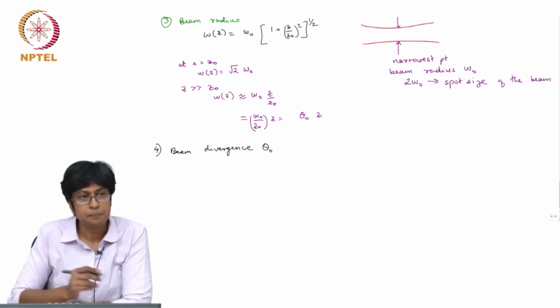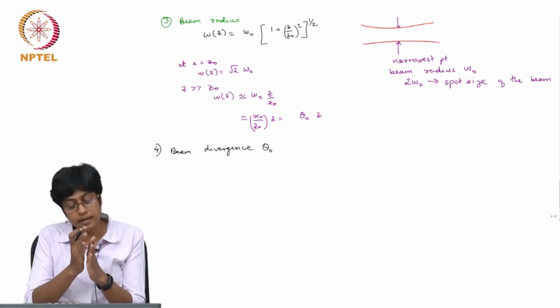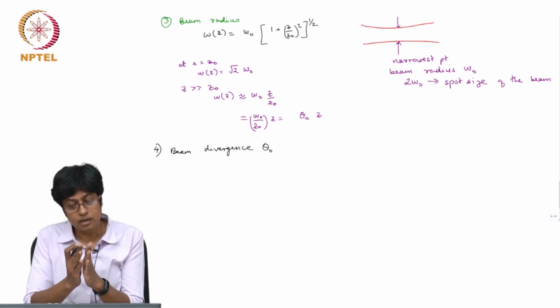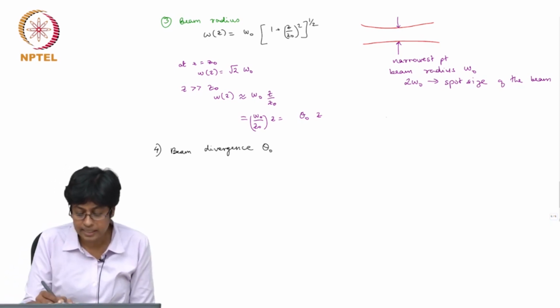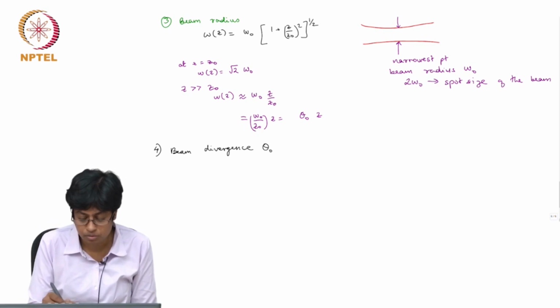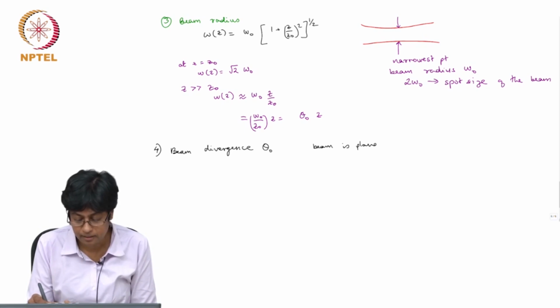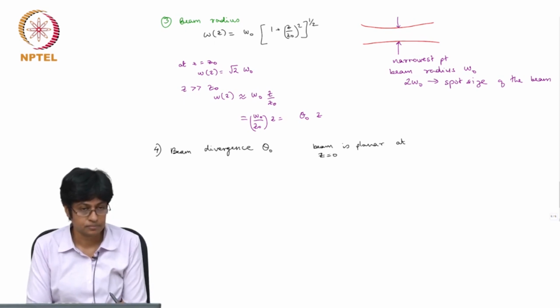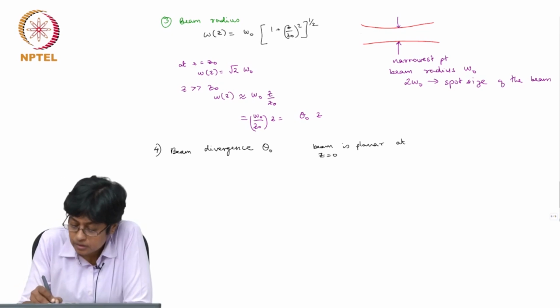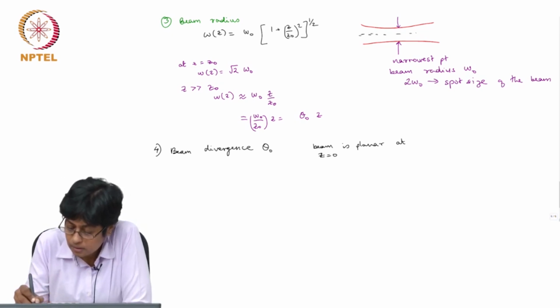Now the Gaussian beam, as it propagates, has a planar nature at z equal to 0. So the beam is planar at z equal to 0. Let's draw the optical axis.